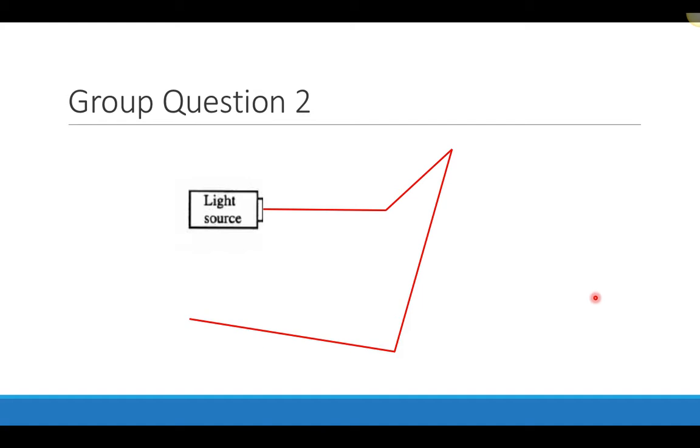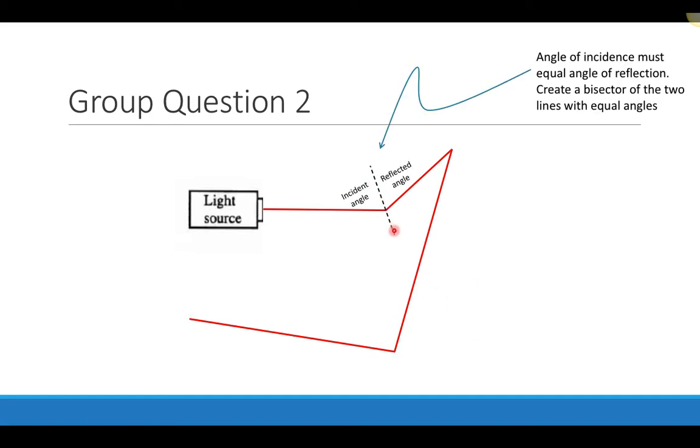So I can look at my first location right here, and I can separate out the angle of incidence and the angle of reflection. I can draw a line that is a bisector of these two angles, and that would make sure that the angle of incidence here is equal to the angle of reflection.